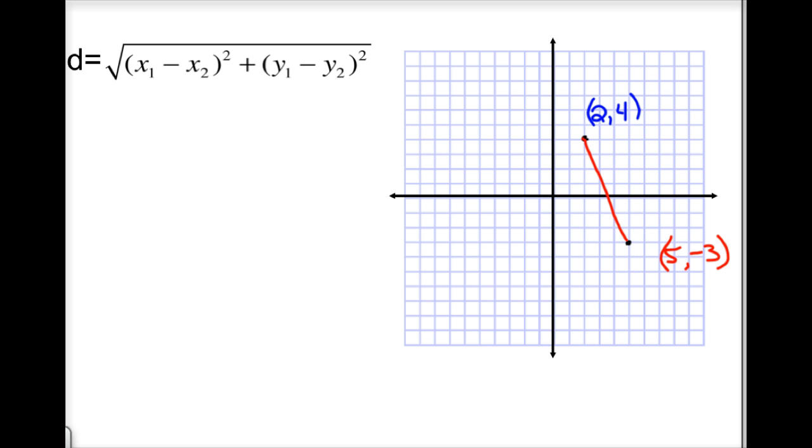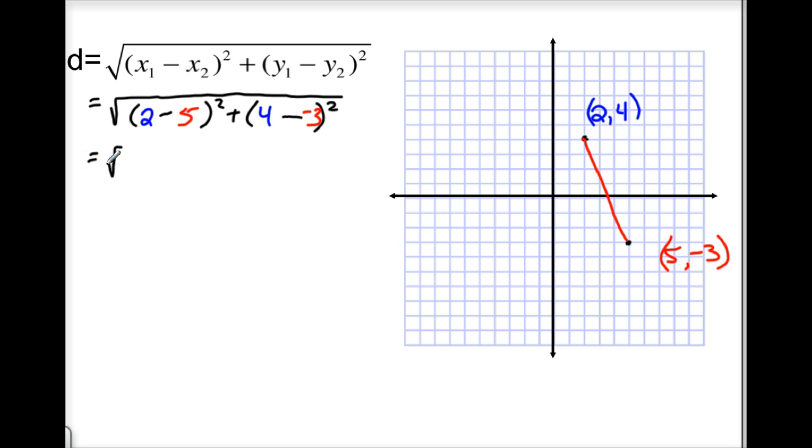Using the distance formula, I'm just going to set it up, and then I'm going to plug my values in. So I'm going to start with the first point, 2 and 4. And I'm going to start with the second point, 5, -3. 2 minus 5 is -3, you have to square that.